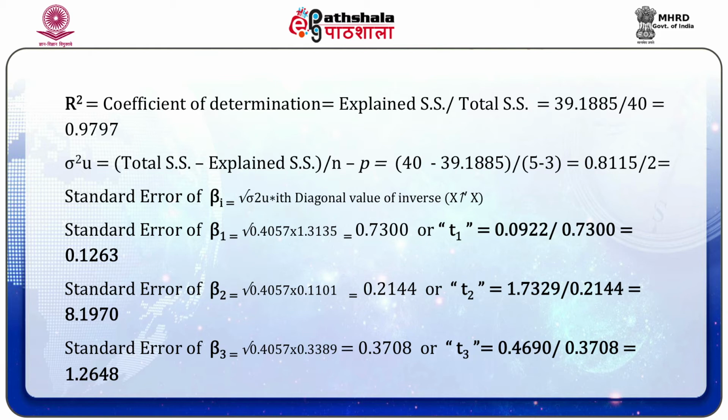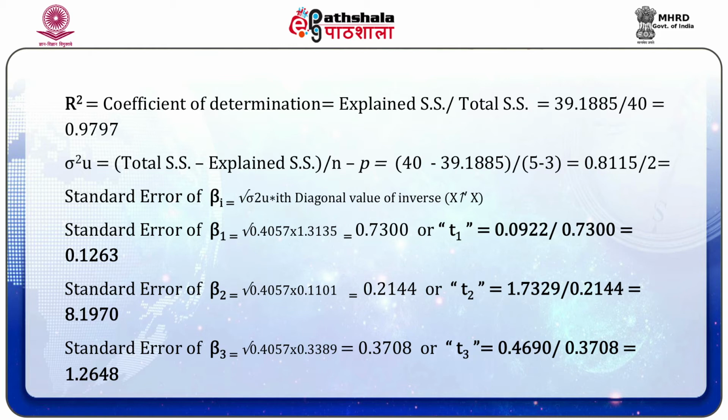Sigma square mu is equal to total SS minus explained SS upon n minus p, which is 40 minus 39.1885 upon 5 minus 3, which is 0.8115 upon 2, equal to 0.4057.